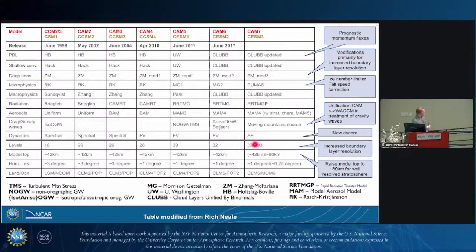We've increased the boundary layer resolution, and also we have now raised the lid. For a couple of decades, the top has been around 42 kilometers. Now we have an 80 kilometer top. Horizontal resolution is still stuck at 1 degree, but we also would like to develop a high resolution version of CESM at a quarter degree as well. And in the other components, a major change: the ocean changed to MOM6.